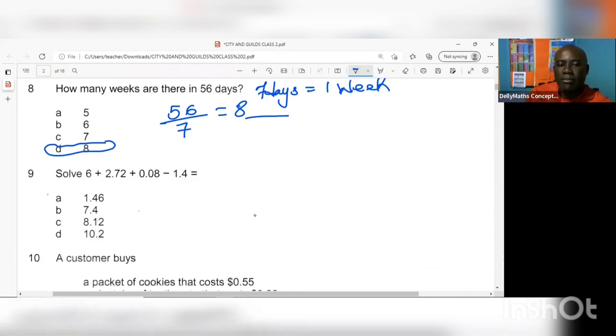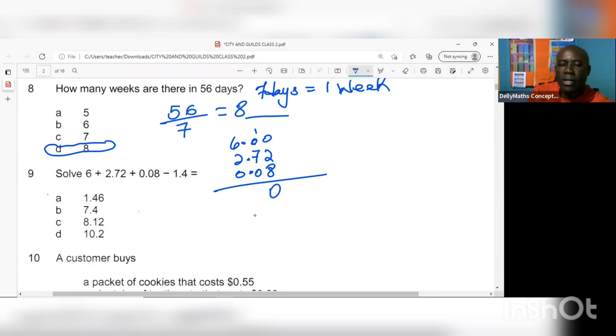Basically we have 6 plus 7.2 plus 0.8, then we minus 1.4. So if we're looking to add these up, you want to put the digits in the right places. You could put zeros to fill out the empty spots.